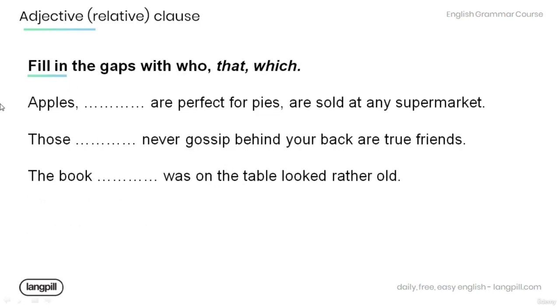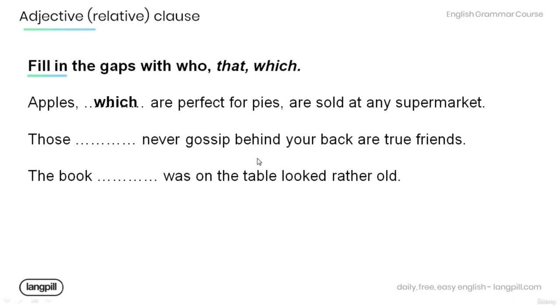And now, read the following sentences and fill in the gaps with who, that, or which. Apples are perfect for pies, are sold at any supermarket. Apples, which are perfect for pies, are sold at any supermarket.